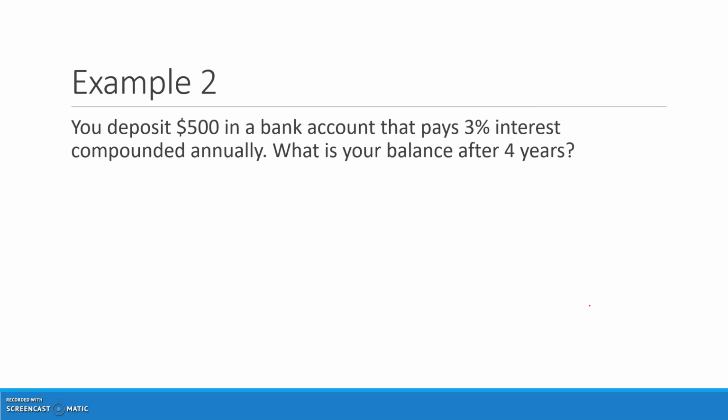All right, so we've got depositing $500 in a bank account that pays 3% interest, compounded annually. I'm going to change up my color. So this is our p-value. We have to change this to a decimal, but we get 0.03, and that's our R, and this is our T. Writing my formula.